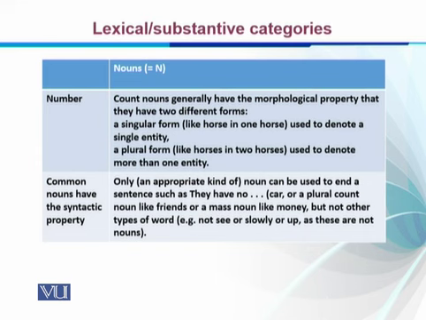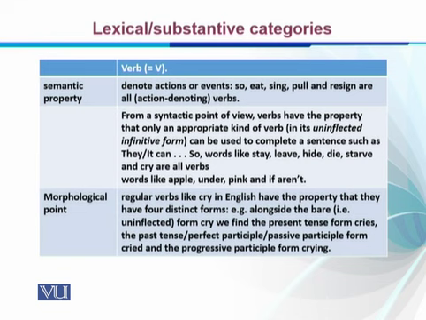But we cannot put every word in it. We cannot say they have no slowly, no see, no up, etc. So these are the syntactic properties of the common nouns.